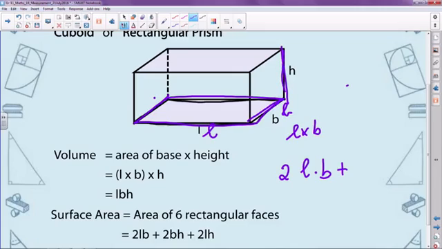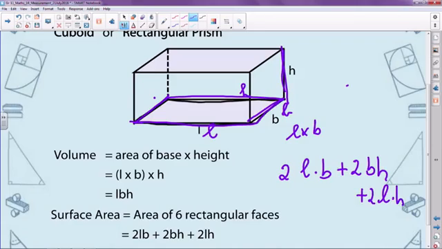So it's going to be B times H, but it's two of those, which is going to be multiplied by 2, and then plus, because there will be 6 sides, guys. So we've done the bottom and the top, and then the sides, and then we have L and H, so it's going to be L times H, but then it's 2 of those.